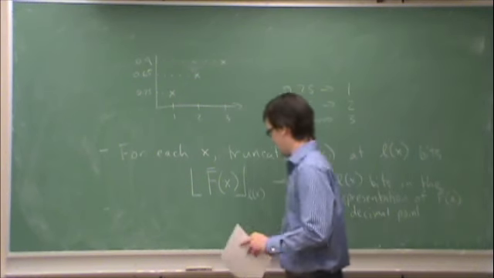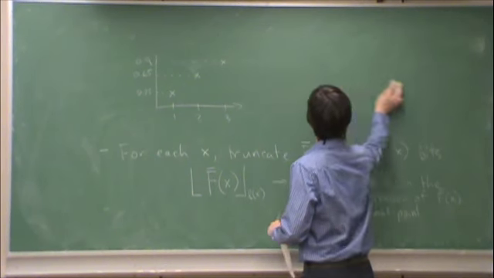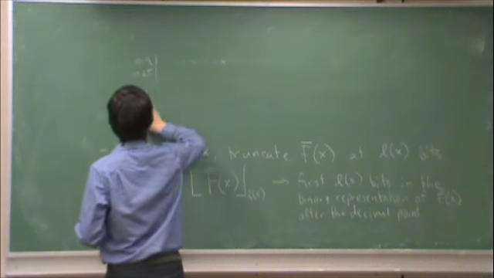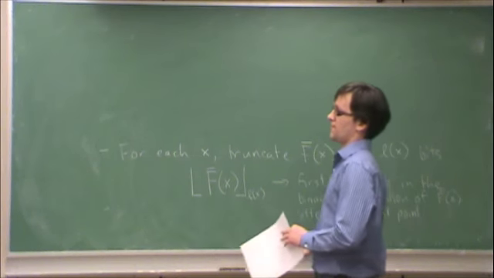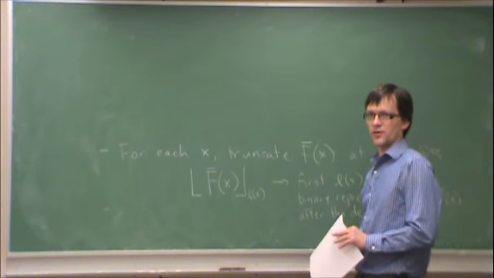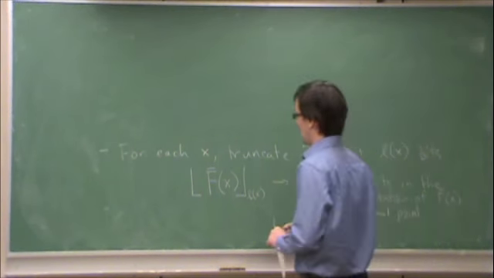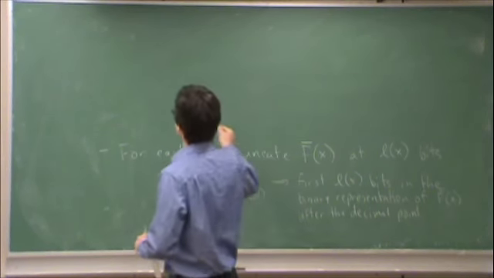So as a quick aside, how do we represent fractions in binary? Two's complement. That's how we represent negative numbers. So how do we represent fractions? Okay. Fractions in binary.